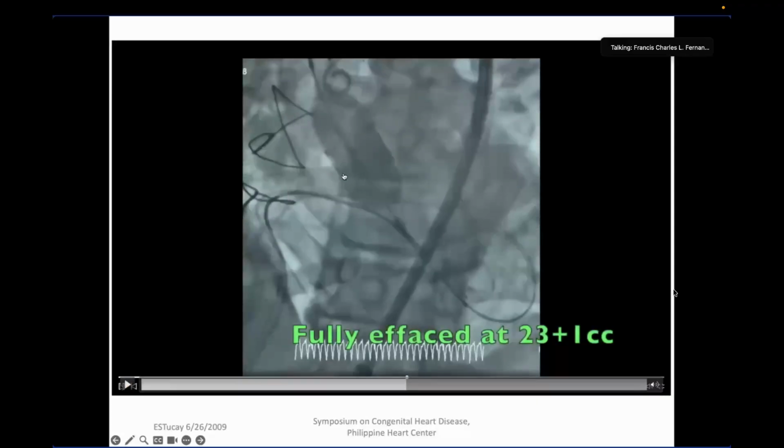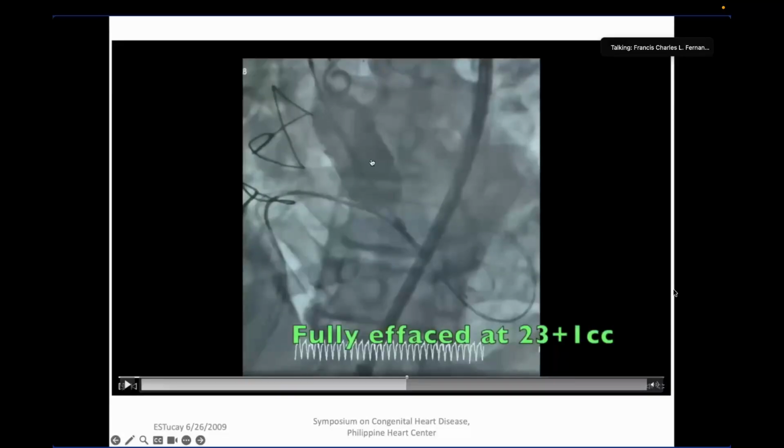And then this is the wire, which is placed inside the left ventricle, and the balloon, where the valve is mounted, is positioned at the aortic valve position. So you can see how it's being deployed.